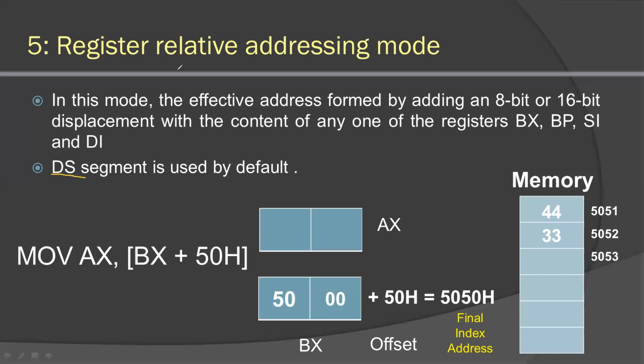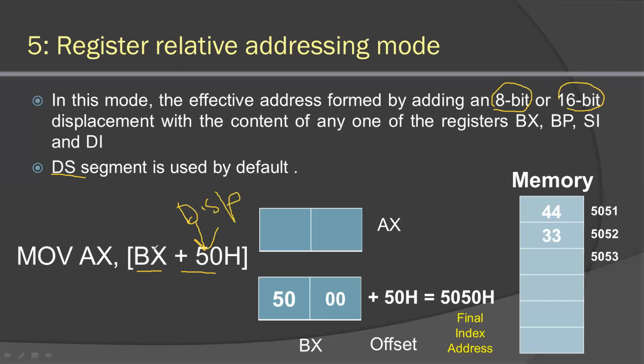Now, register, as the name suggests, register relative addressing mode. Register relative addressing mode means there will be a register mentioned in the instruction plus one value. This value can be of 8-bit or it can be of 16-bit. Basically, this value is known as displacement value.